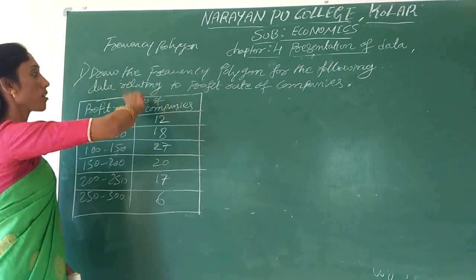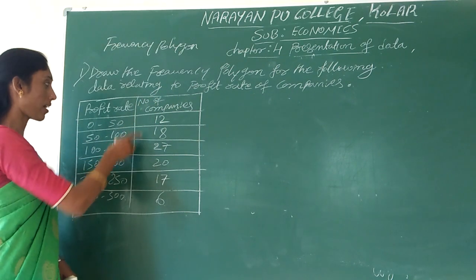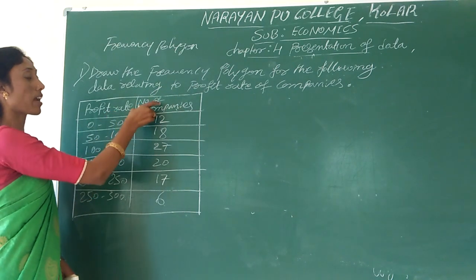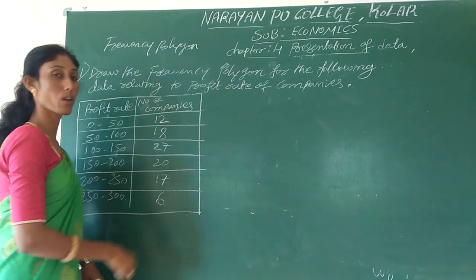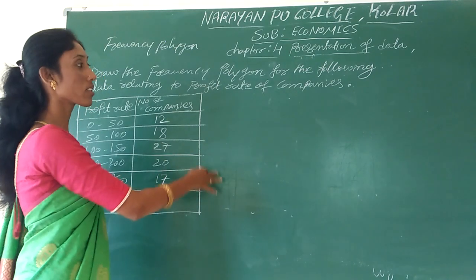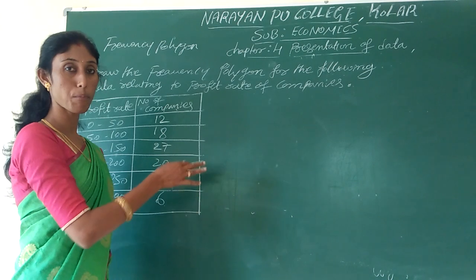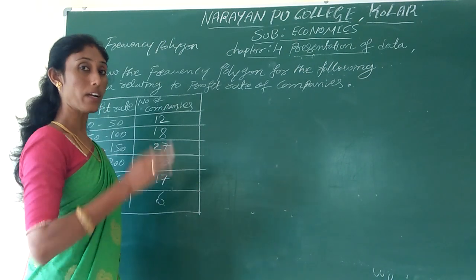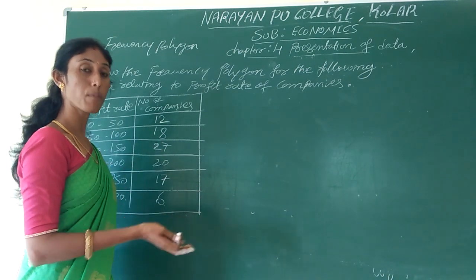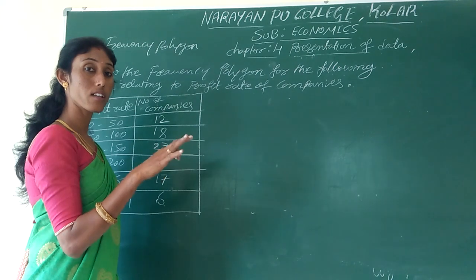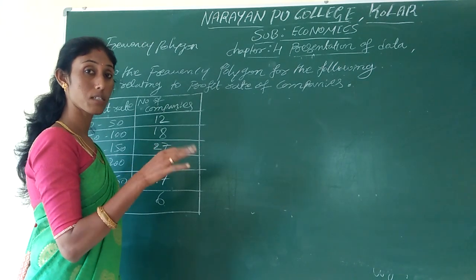Draw the frequency polygon for the related data. The data is related to profit rate and the number of companies in that particular profit rate. Using the histogram method, we need to draw a frequency polygon. I said it's the alternative to the histogram, and we can draw the frequency polygon in a simple way. How?